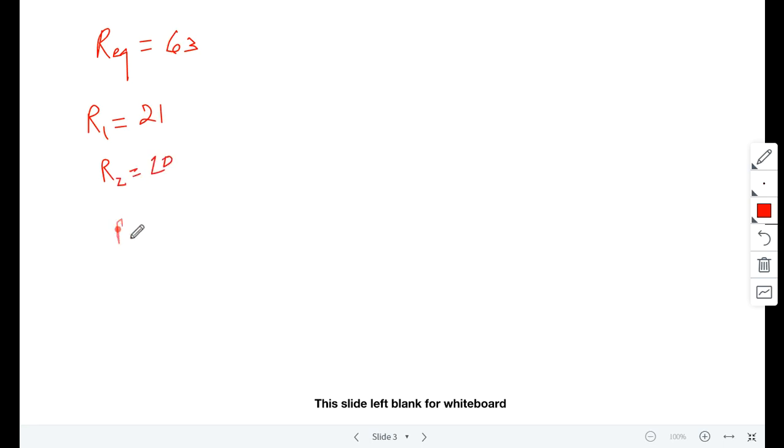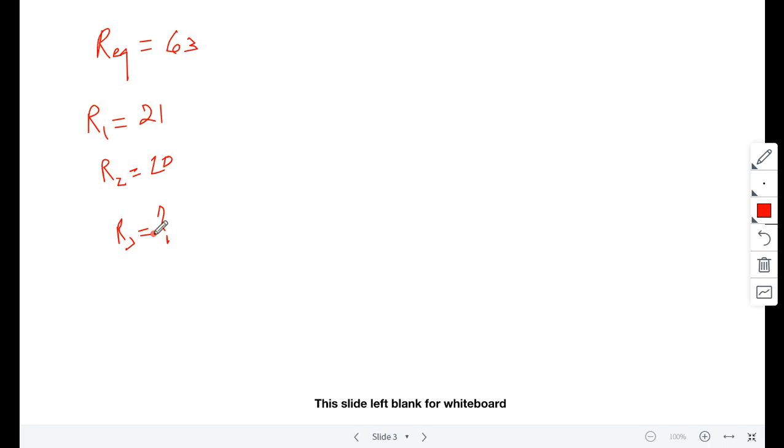Calculate R3 if they all are connected in series. See, the three resistors are connected in series, R1, R2 and R3.